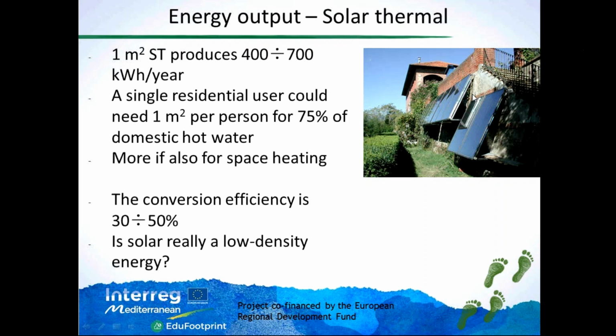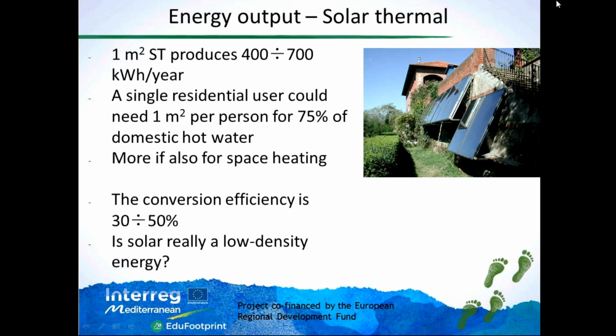For instance, this picture you see on the right is a solar thermal plant for an agritourism in the north of Italy, and this is covering both domestic hot water needs and space heating need. So in this case, solar thermal is operating together with an LPG boiler, where LPG is very expensive, and so the savings by solar thermal are very important for the economic balance, let's say, of the owner.